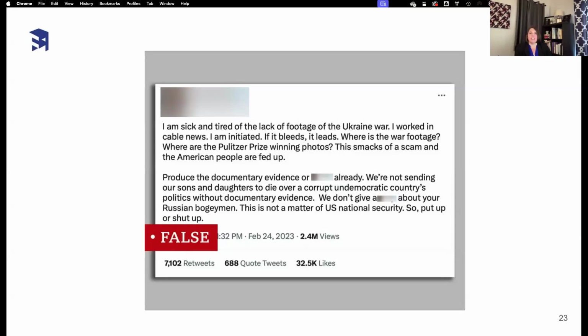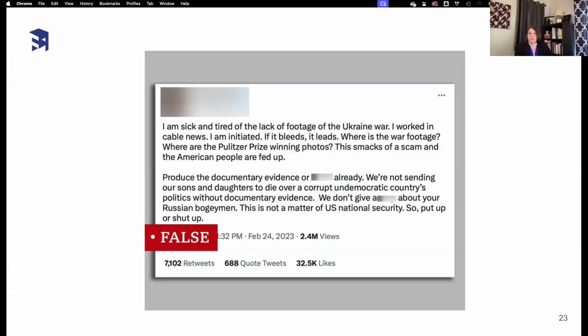As evidence, some prominent right-wing accounts in the US have cited the supposed lack of footage from the front line. A commentator complained about this lack of footage in a viral post, saying it smacks of a scam.